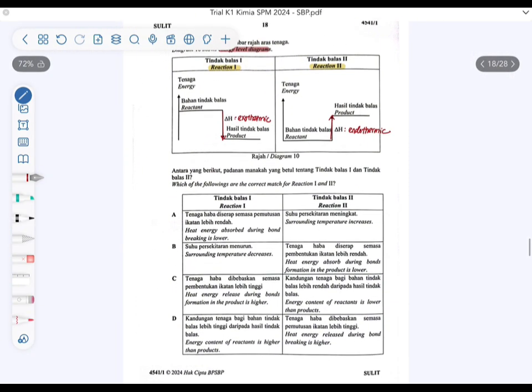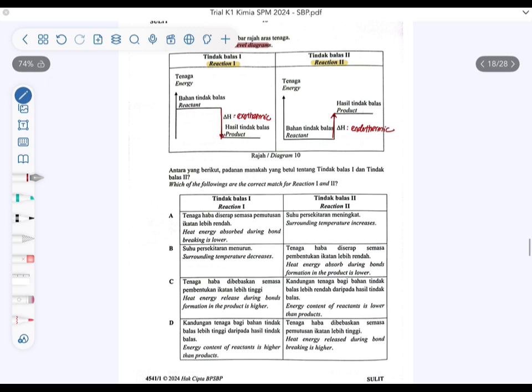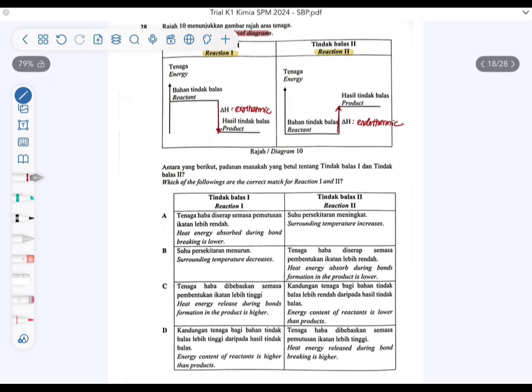So we are going to find the correct match for reaction 1 and 2. For A, heat energy absorbed during the bond formation is lower. No, it should be higher.